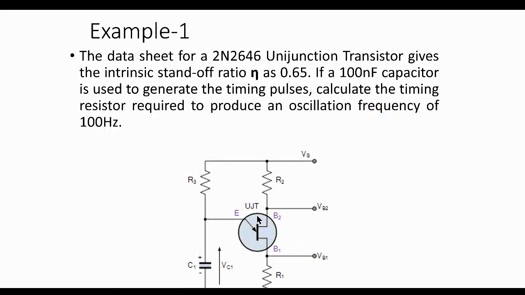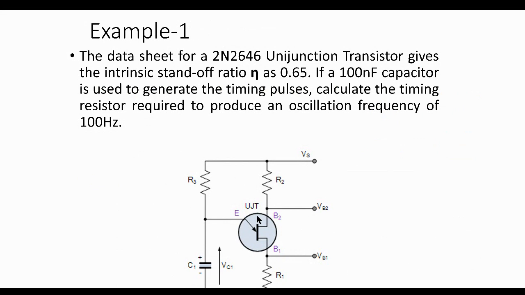All right, so let us look at this problem. We have a data sheet for this 2N2646 unijunction transistor, and it gives the intrinsic standoff ratio, that's eta, that's 0.65.